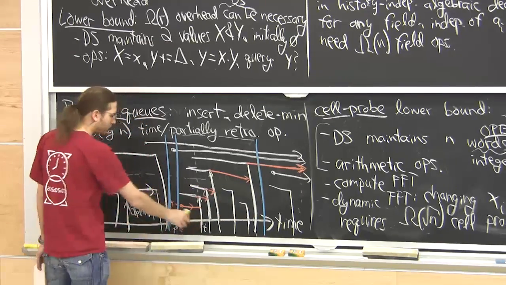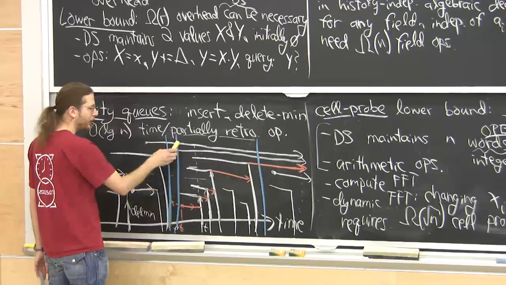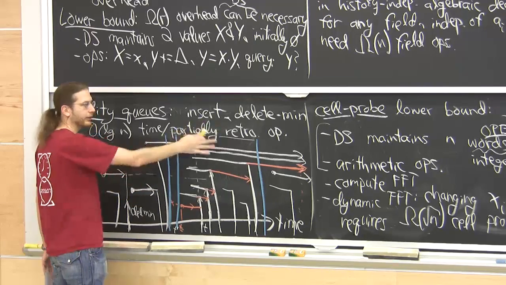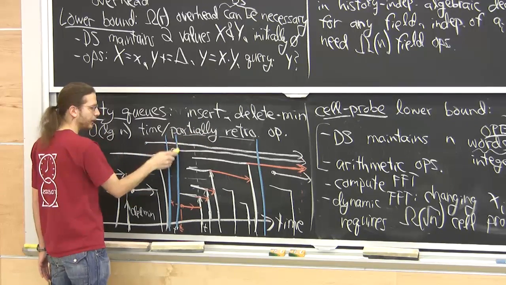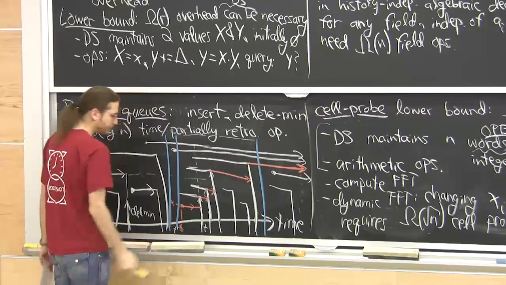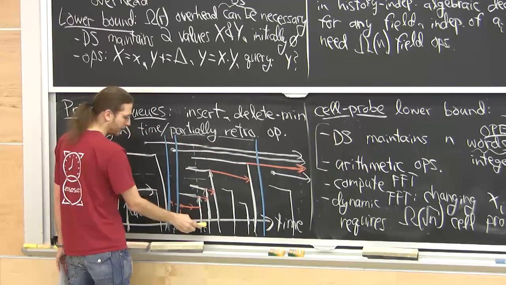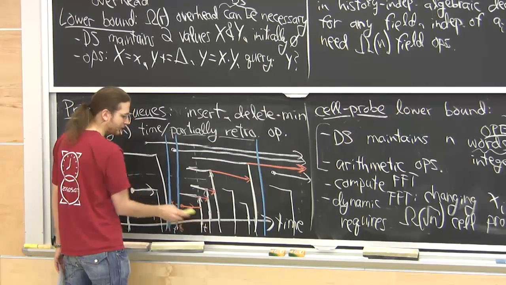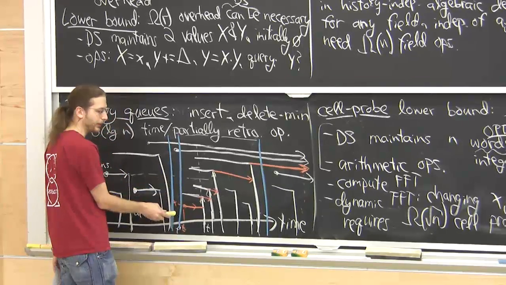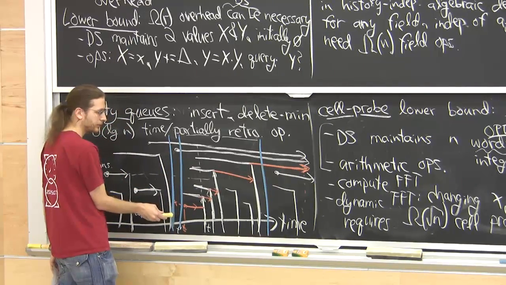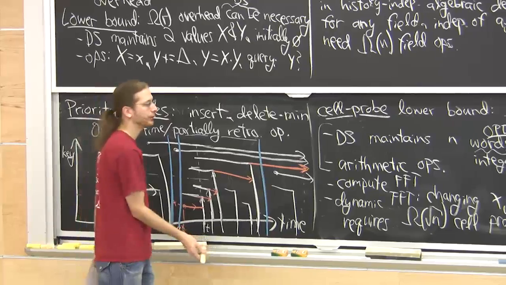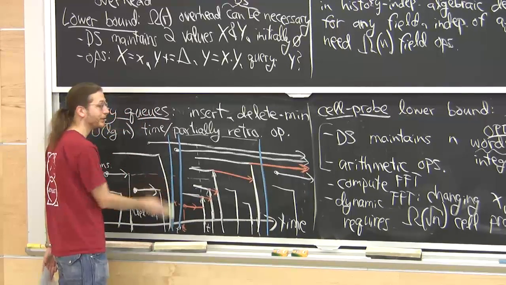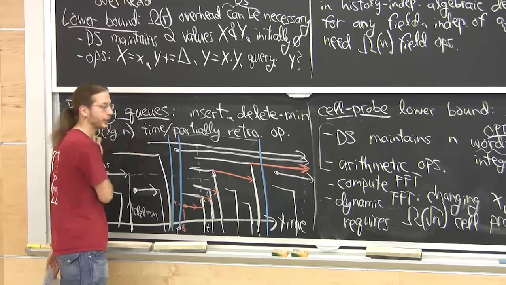I'm going to rewind to t prime and say, well, there are these guys that they survive. They obviously don't get deleted. But if you ignore the guys that end up in the final queue, the guys that get deleted after time t are the same as the ones that get inserted after t prime. That's the claim. Or actually, that set of elements is not the same, but the max will be the same. That's all I care about.